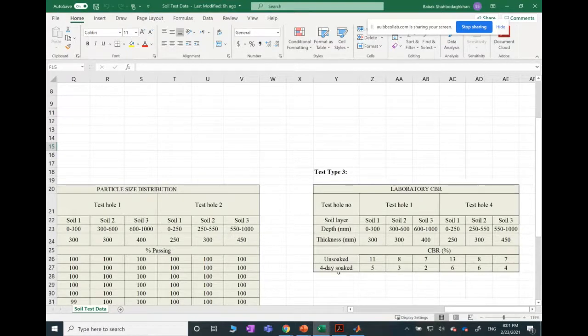So just go through the part that I explained, CBR test and the drainage conditions. You can also go through the standards, and that will provide you with more details. Eventually you need to decide whether you consider the results of the unsoaked CBR or 4-day soaked CBR.